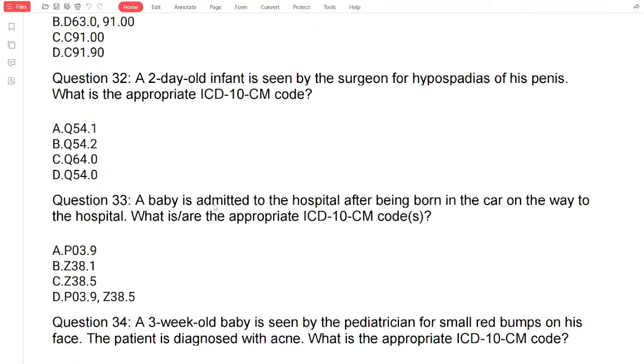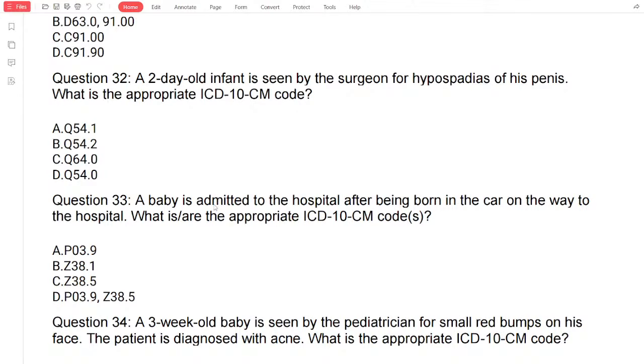32. What about the answer for 32? 32A is the answer.